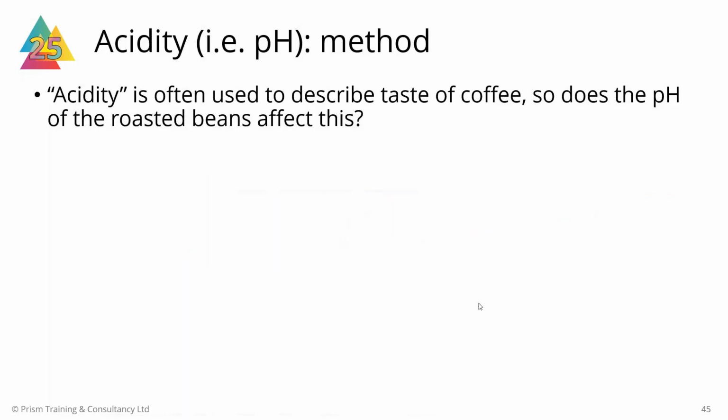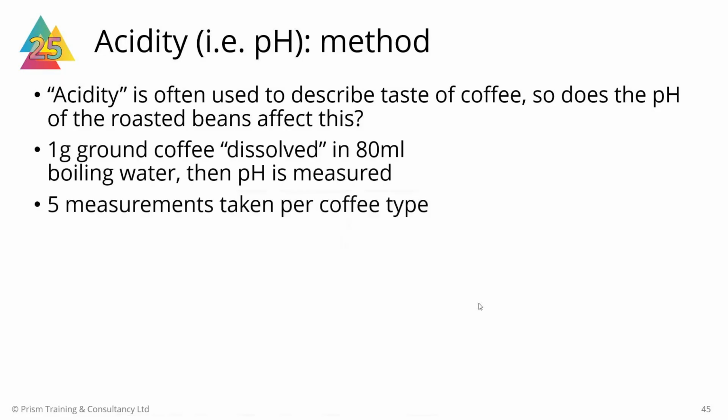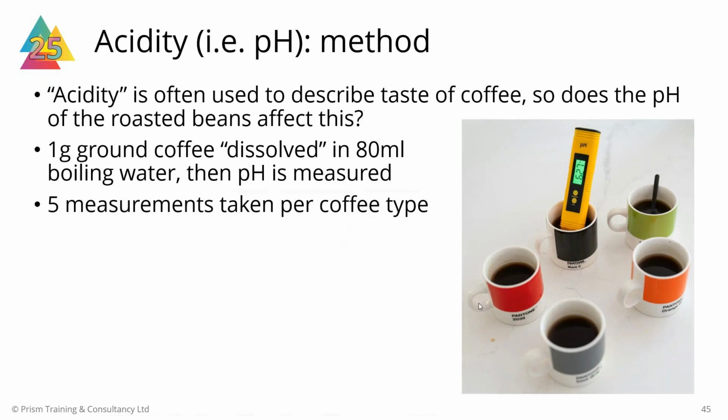Finally, acidity is a term that's often used when describing the flavour of espressos. So I thought, well, obviously, this is something I want to measure. And so what I did is I ground some coffee, tried to dissolve it in boiling water, measured it multiple times per coffee type, using a very cheap pH meter, a £5 one from Amazon, this one, so not quite lab grade equipment.